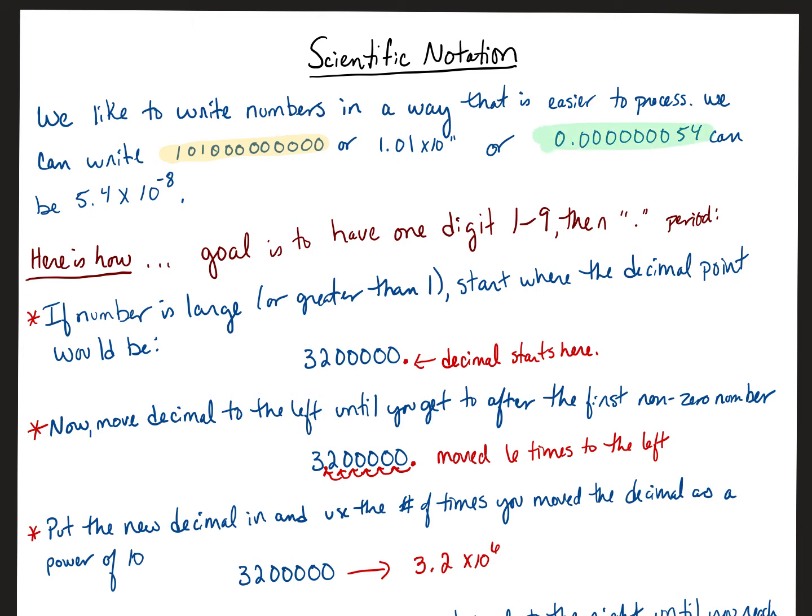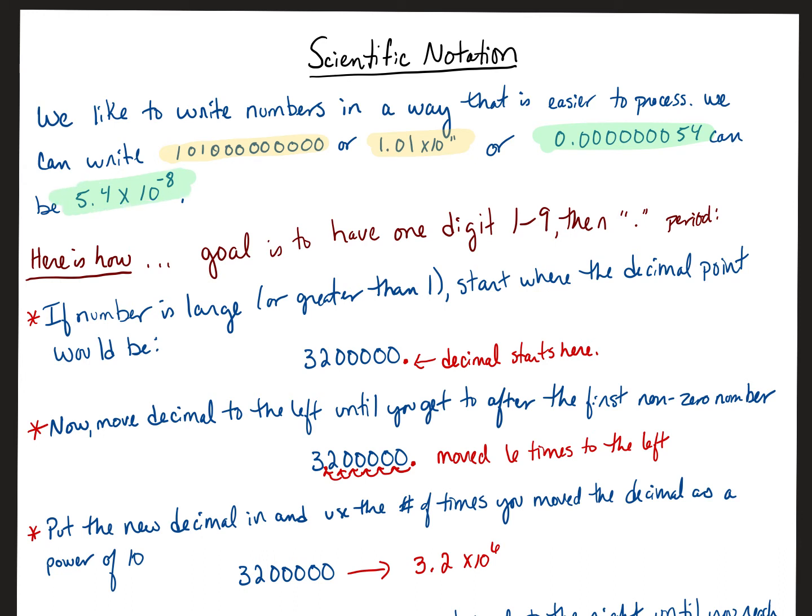So we try to write in scientific notation instead, because that number that I have highlighted in yellow, I can just write this way. It would be 1.01 times 10 to the 11th. Or that small number that I have written there could simply be 5.4 times 10 to the negative 8th.